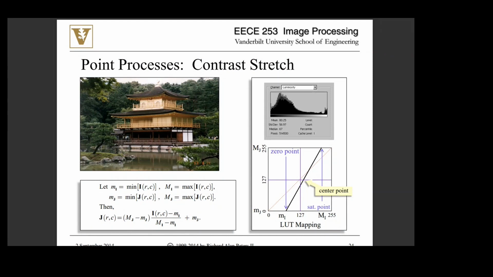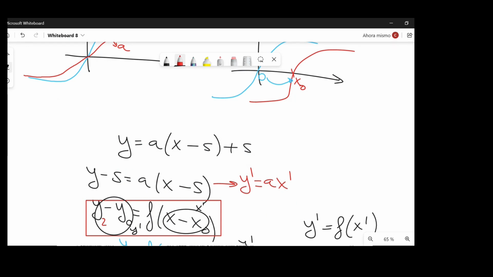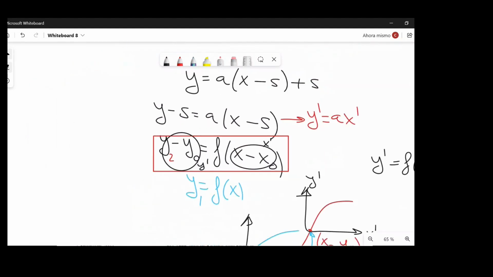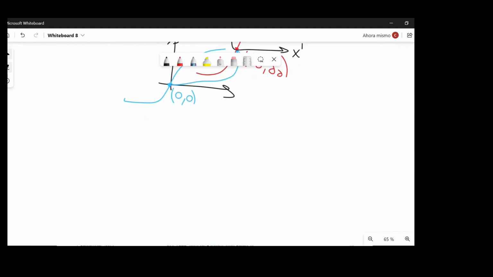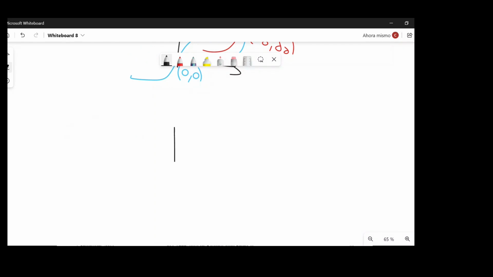Let's say this is a very typical transformation. Let's say I have an image, this is my L, whose histogram is defined between the minimum of x and the maximum of x.